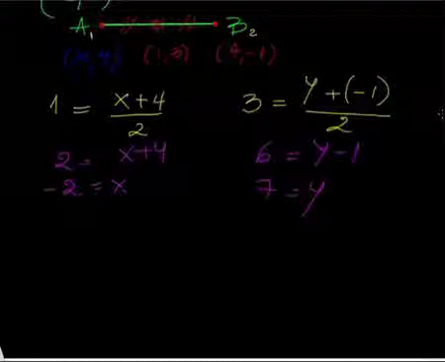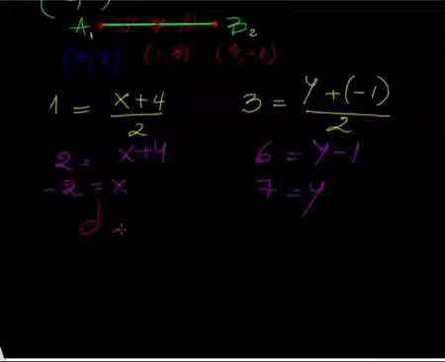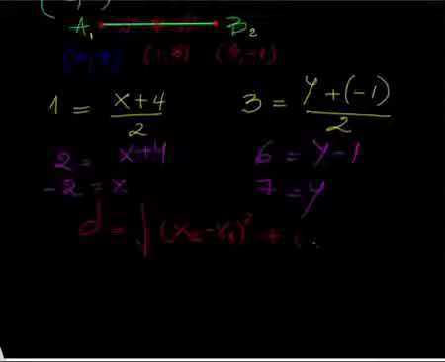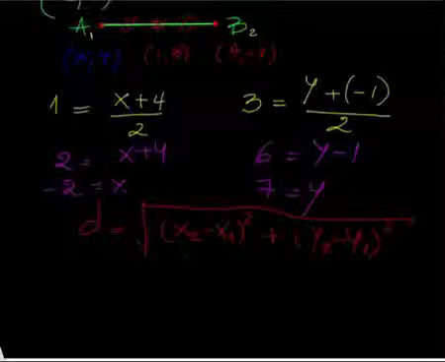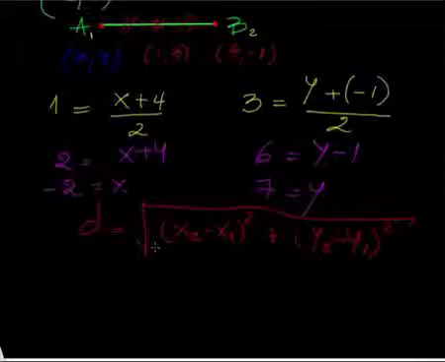And if we remember, the distance is the square root of x2 minus x1, all that squared, plus y2 minus y1, all that squared. Now that I know my 2 points, A and B, and I know which one is going to be 1 and 2, I just have to replace.